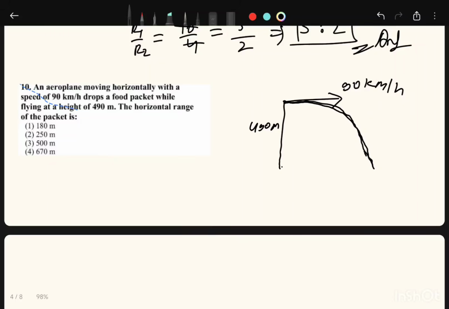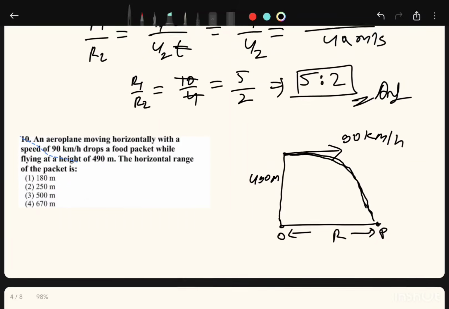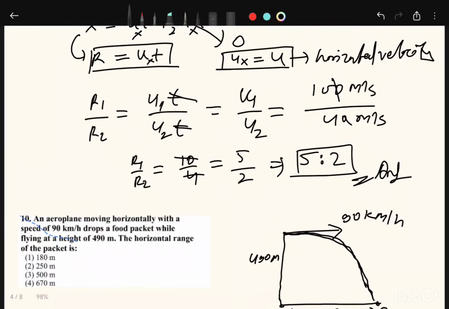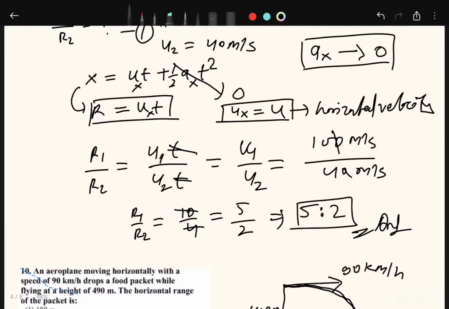Okay, so we are asked the horizontal range of this packet. Let's suppose the range the food packet will cover is R, right? So the range formula, like in the earlier case we have seen, because it's horizontal, the formula will be similar.